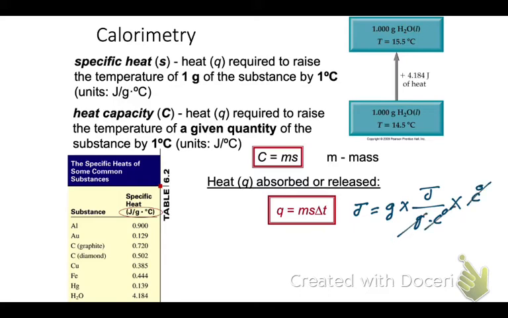The units cancel out, and this is heat, which can either be positive if it is absorbed or negative if it is released. So keep that in mind.